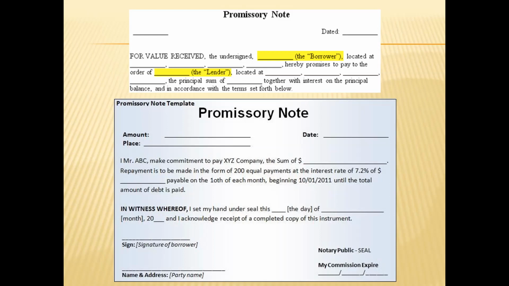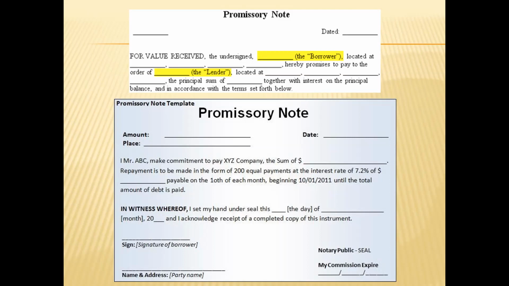And the normal wording that you will find on promissory notes in the Bahamas is, for value received, and you'll say I or we the undersigned, and then you fill in the blank, located at such and such, hereby promises to pay to the order of, and then you put in the name of the lender, located at wherever they're located, the principal sum of, and whatever the dollar amount is, together with interest on the principal balance, in accordance with the terms set forth below.